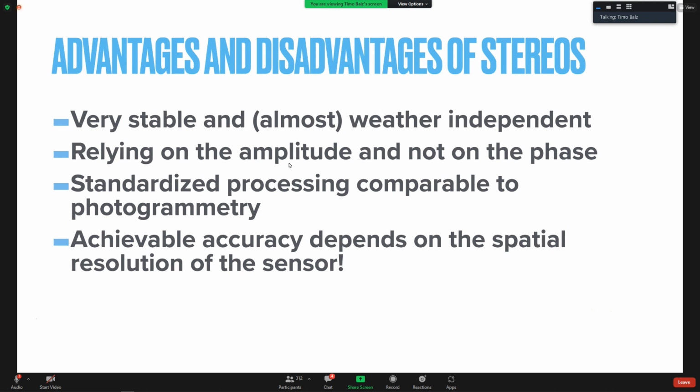If you have a sensor with a high spatial resolution, you can get a better accuracy. That's very logical, right? However, that's not the same in interferometry. That's a difference. That's why I said, whether I teach this first or that first, there are always these connections that are missing for you. I hope at the end we get it. Because in interferometry, the accuracy depends on the wavelength and not on the spatial resolution of the sensor. So that's why this one matters here.